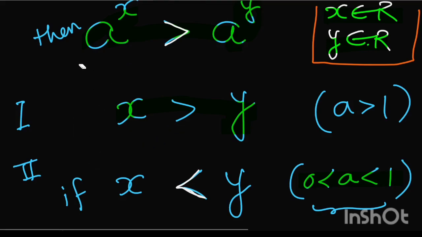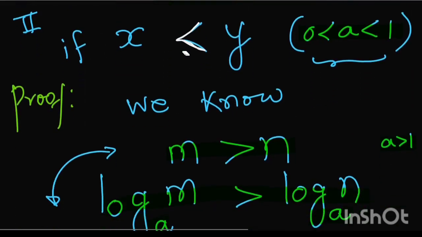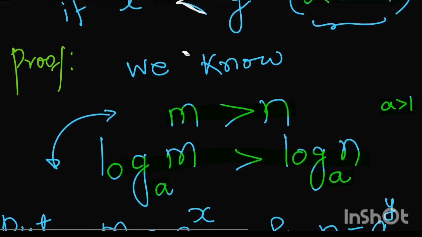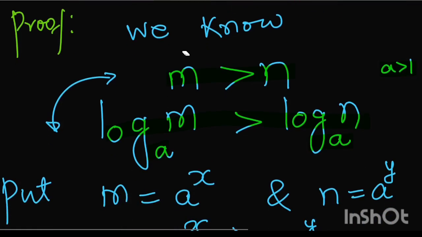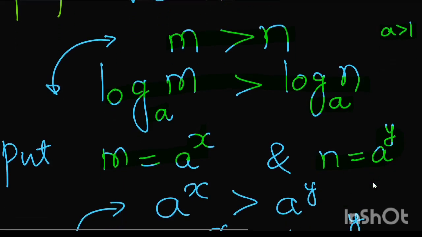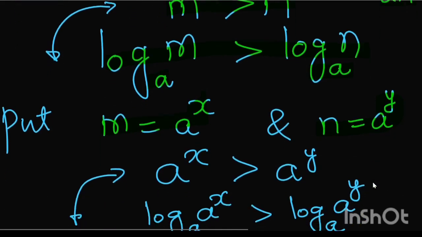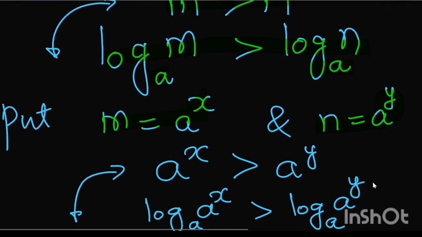Okay, so what we will do now, using this fact that we have from logarithms, let's assume that m is equal to a to the power x and n is a to the power y, guys. That we will substitute in place of m and n.